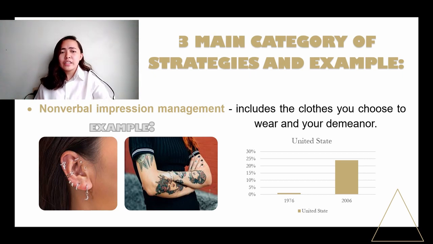A researcher did a survey and found that 58% of the managers surveyed said they would be less likely to hire someone with visible body art, and over 75% of respondents felt body art was unprofessional.